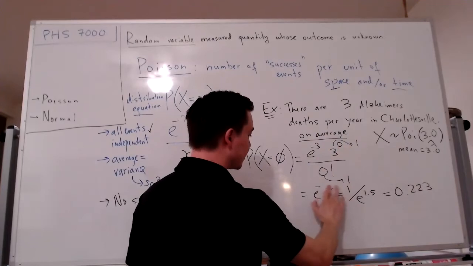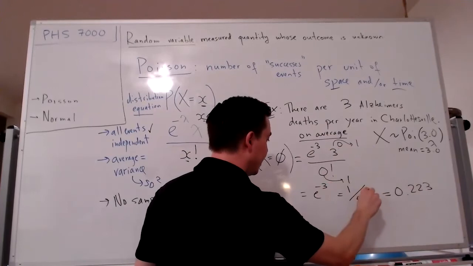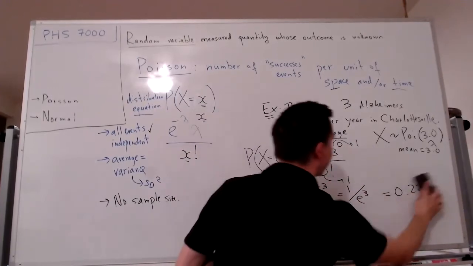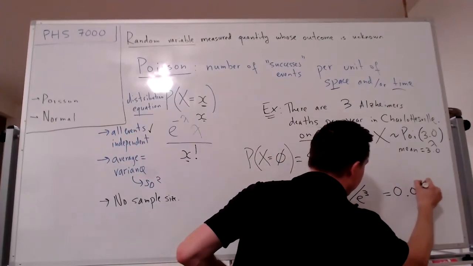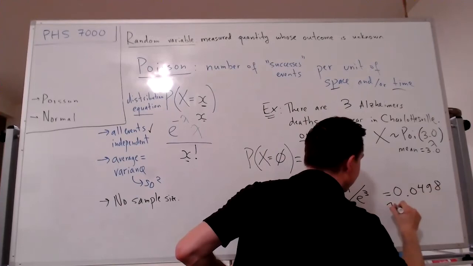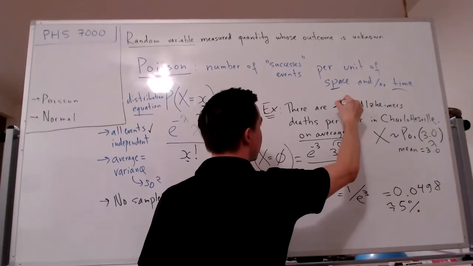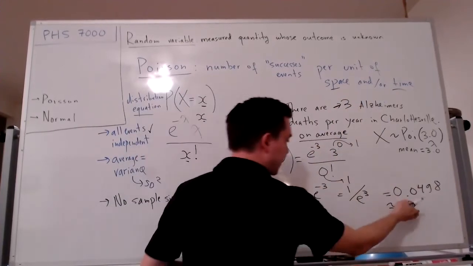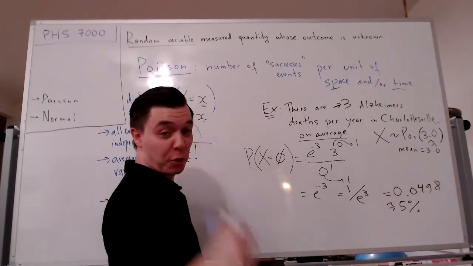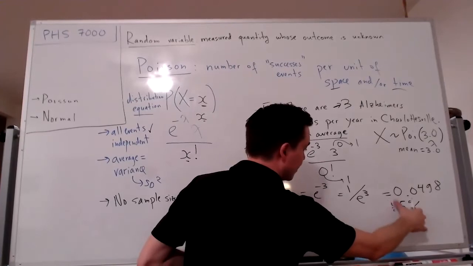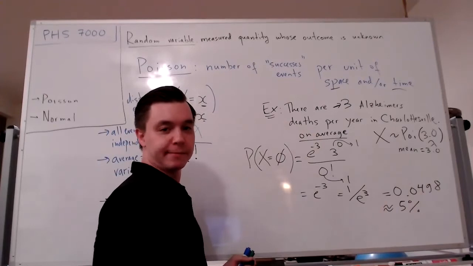And this computes out to e to the negative 3, 1 over e to the 3rd, which is 0.0498, or about 5%. So look, my average doubled, but the probability of having no deaths dropped by about 4-fold. It's approximately 5%. Before it was 22%.